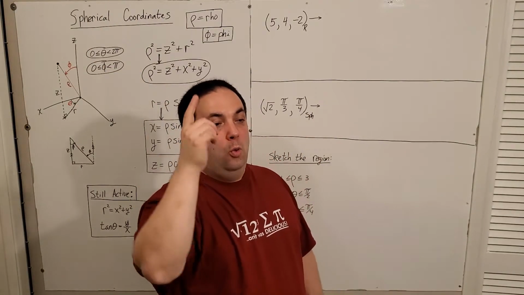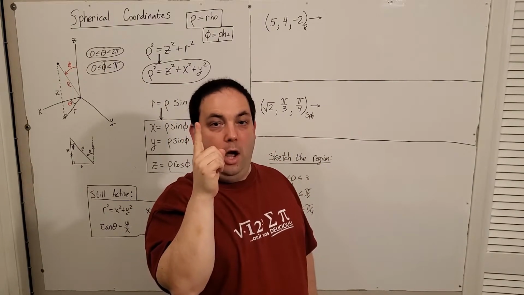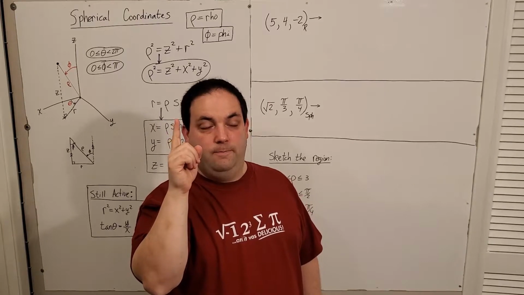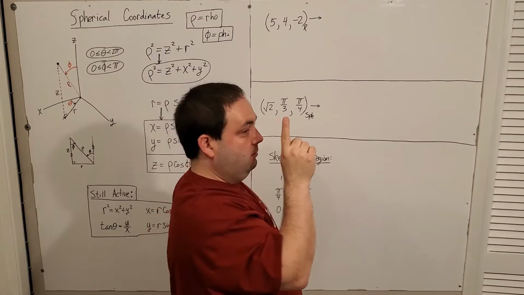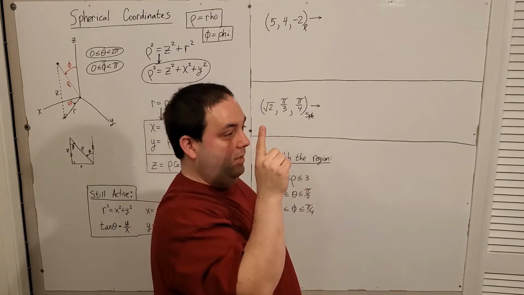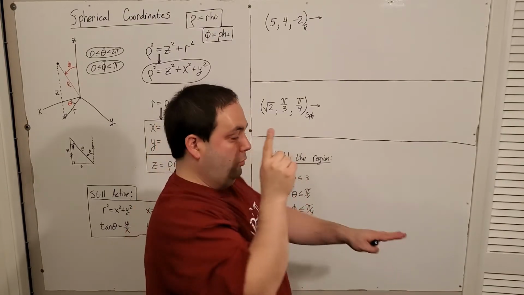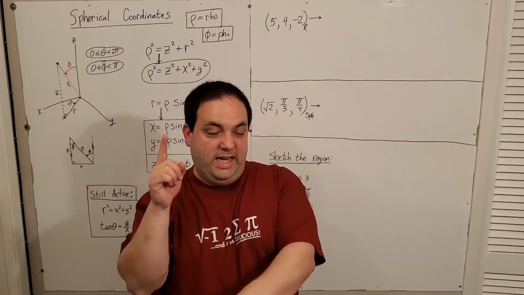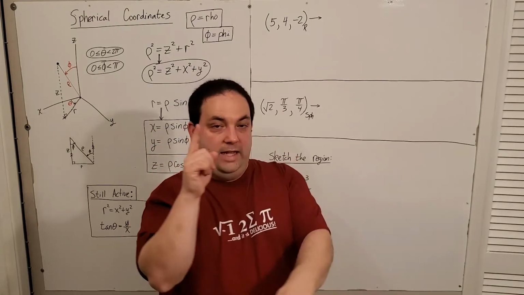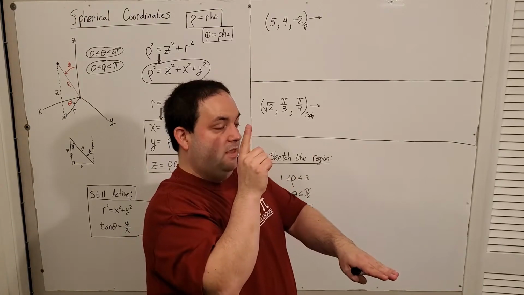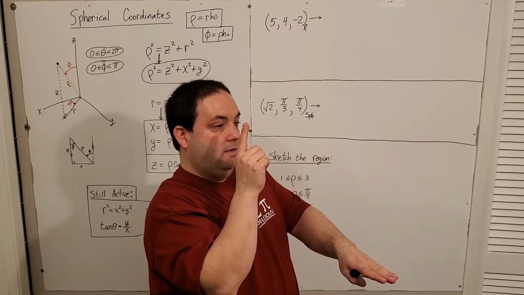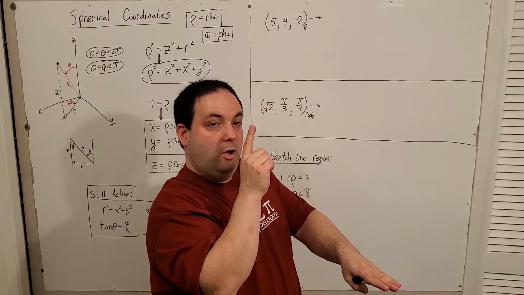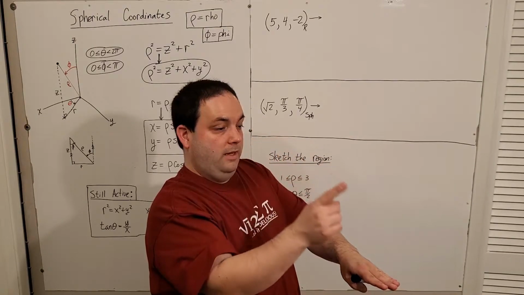You start with your pointer pointing upward like this, okay? You rotate like this in the XY plane, right? You rotate in the XY plane first. That's your theta. Then you rotate another angle that we call phi, like this.